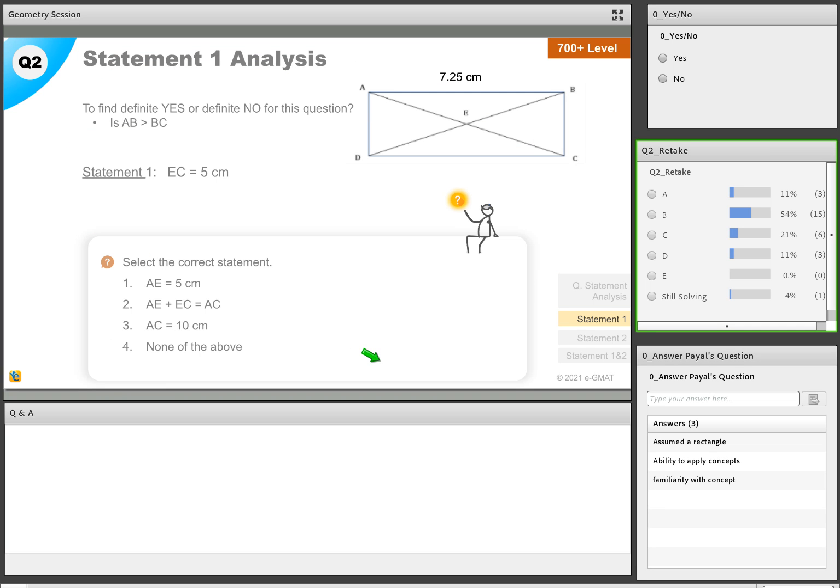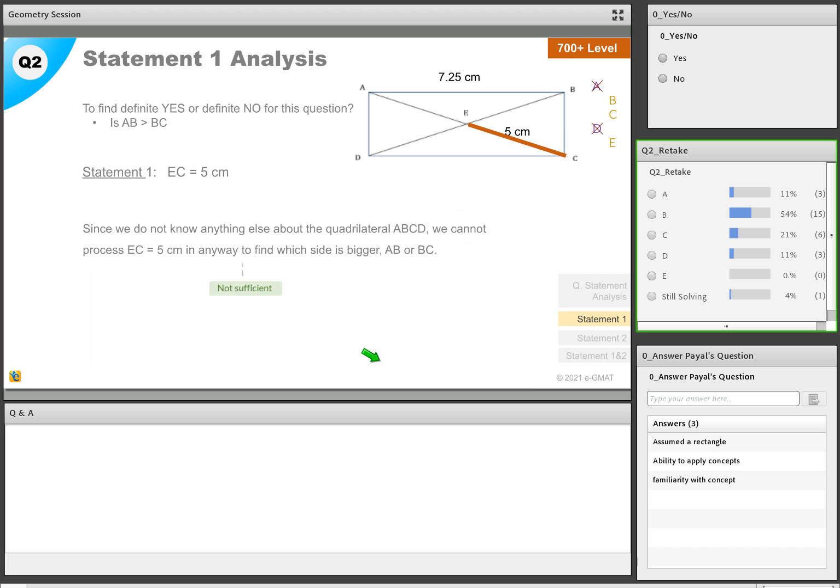Okay, so EC is 5 centimeters. All we can figure out from there is that AE plus EC is equal to AC. That's it. There's nothing else that we can figure out from there. Because we don't know anything else about the quadrilateral ABCD, we cannot really process EC equal to 5 centimeters in any other way.